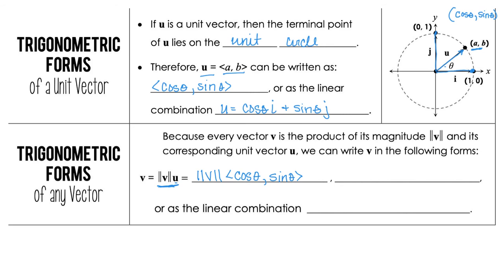Or you can write it as magnitude of V cosine theta, comma magnitude V sine theta.